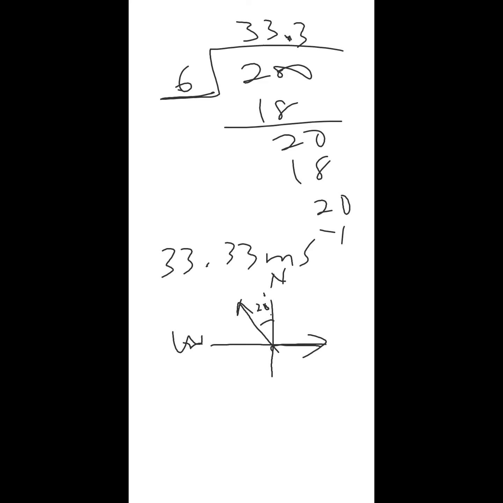How will you solve this? You can draw it like this, because the water is flowing towards it. At the end of the day, you are going to have your resultant here, R.